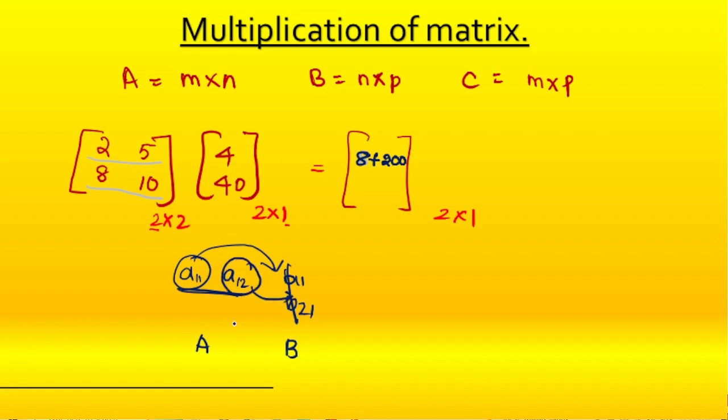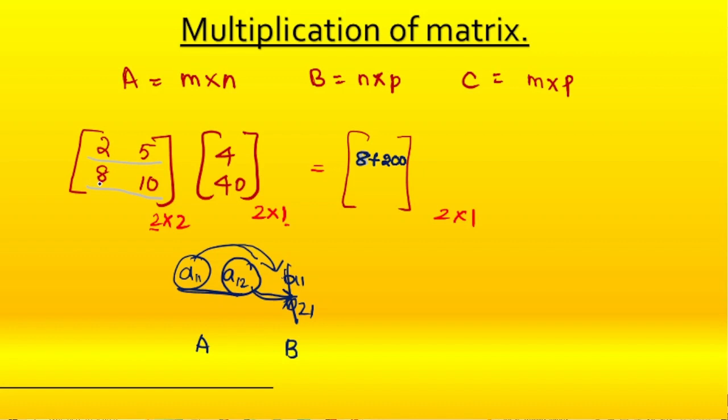Like this you have to multiply. After multiplying, the products should be added. A11 into B11 you write first, then A12 into B21, and you add both.